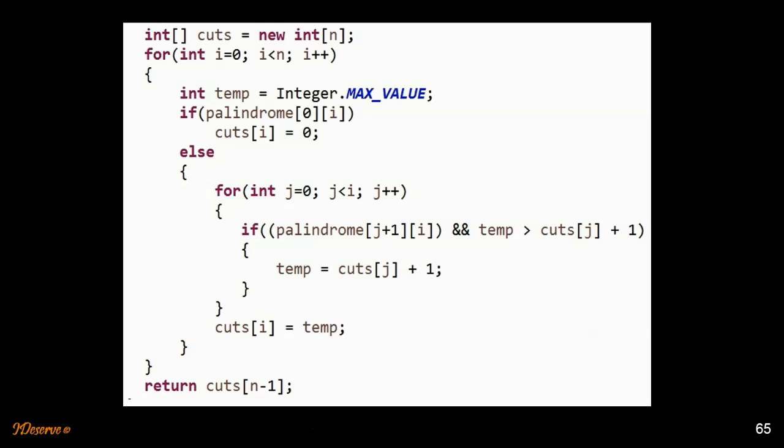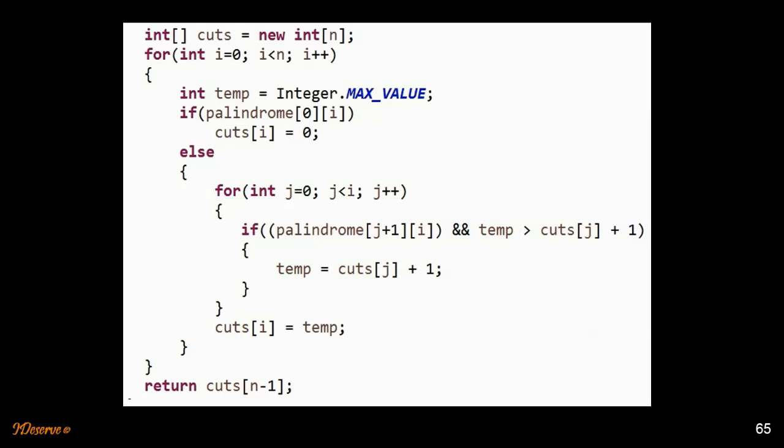So let's look at the code here. This is the cuts array that I have mentioned earlier. Each index of this array maintains the value of the minimum number of cuts for that length of substring, the ith length of substring. So the length of the substring we are looking at will go from 0 to n. I is the length of the substring. And in this temp variable I am going to maintain the minimum number of cuts that I am going to track for that particular length.